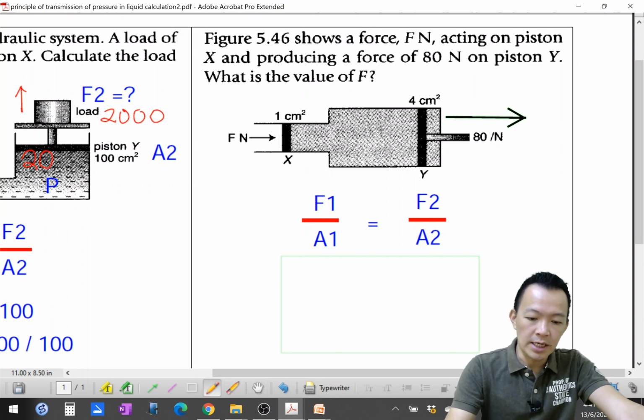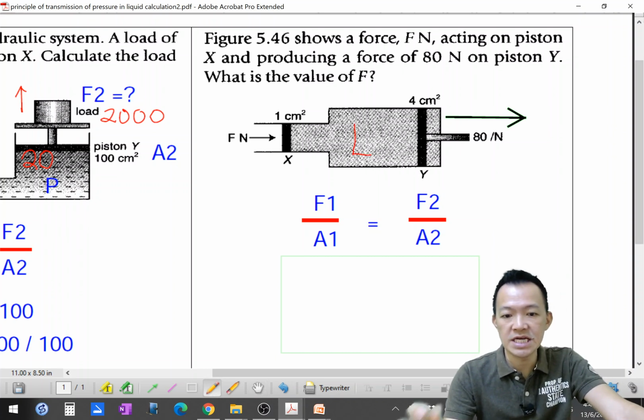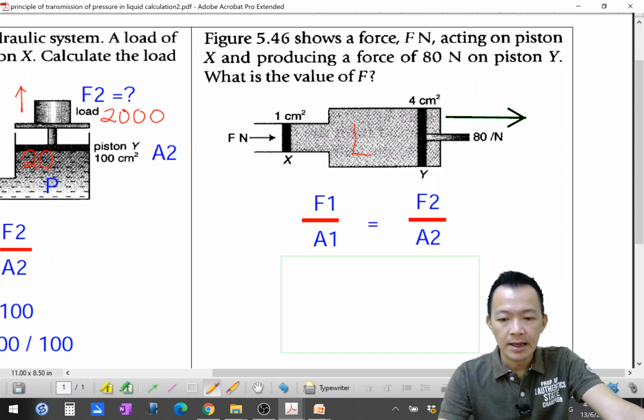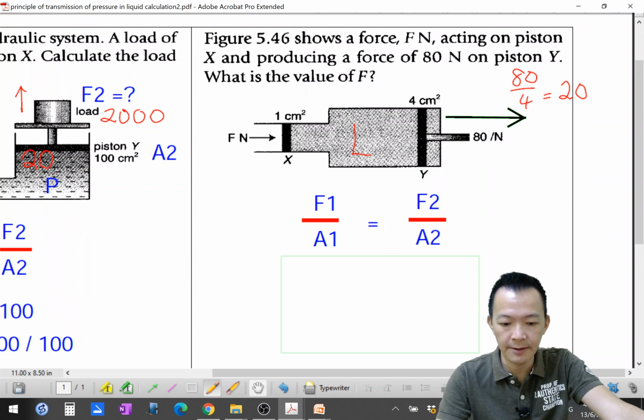Let's say this is a liquid. So what is the pressure on the big surface? Pressure equals force over surface, which equals 20.